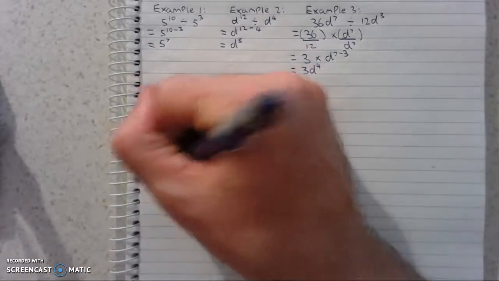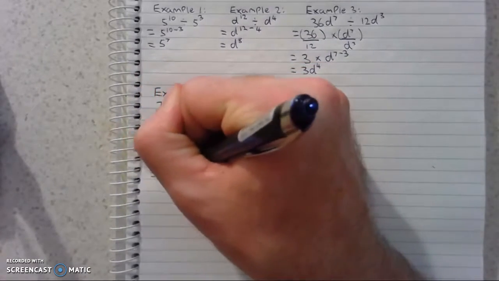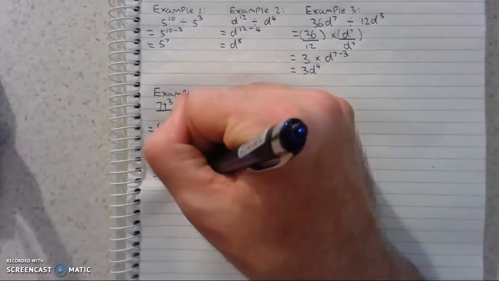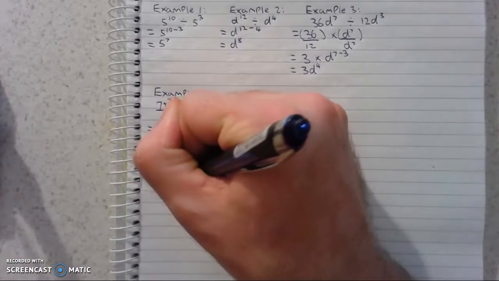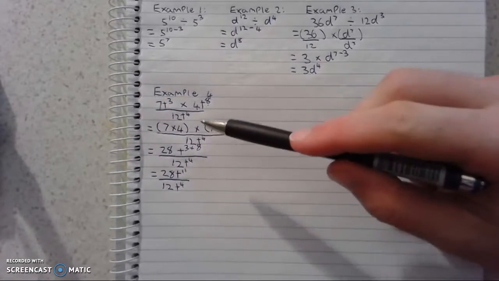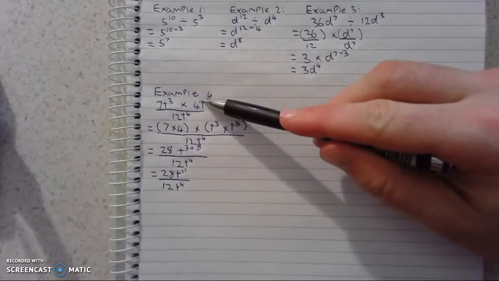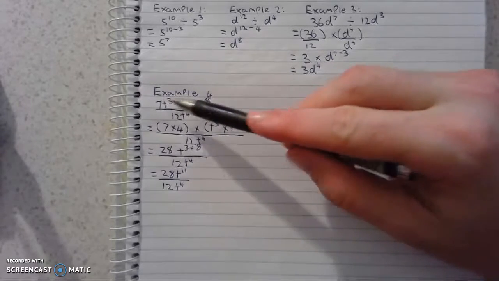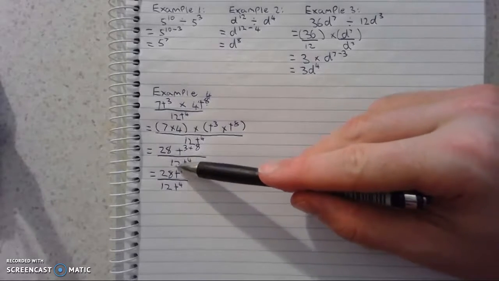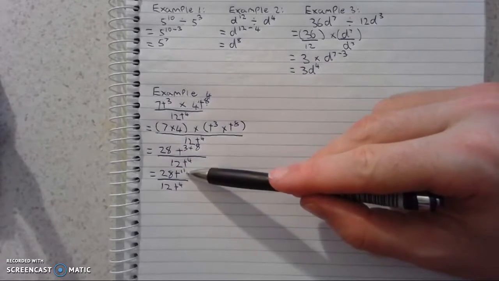That is then 28t to the power of 11 over 12t to the power of 4. So what we've done here is we've used our first index law to break these numbers down into 28t to the power of 11.